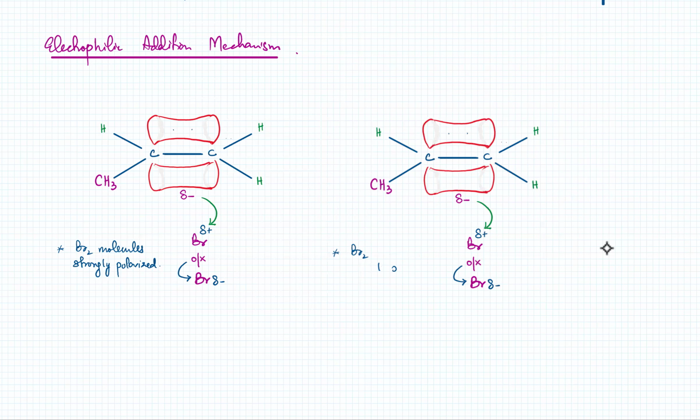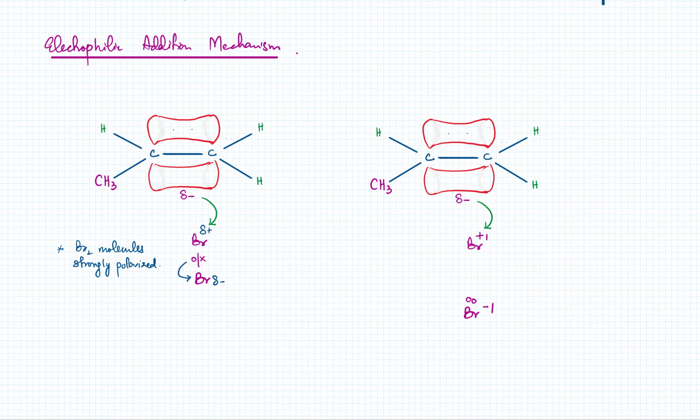The next step is that a carbocation gets formed. The bottom bromine gets knocked out because it's polarized, and it will eventually become Br minus. Both electrons in the bond go towards the bottom bromine, and the top bromine will become +1.